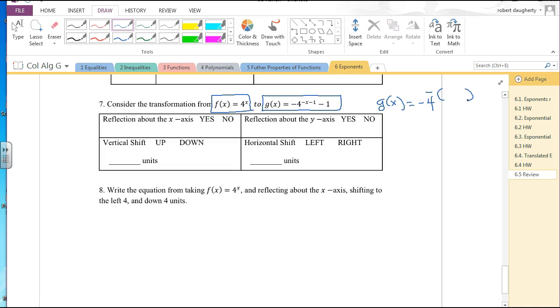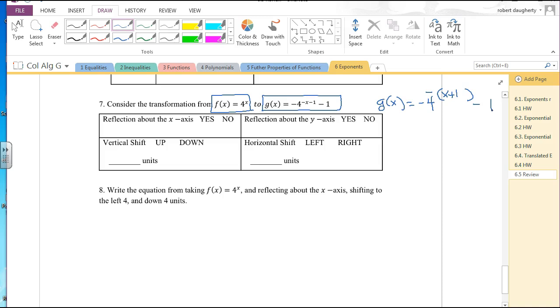That's the negative of x plus 1. So instead of negative 4 to the negative x minus 1, I want to write it where my exponent is in parentheses, and I factored out a negative 1. Now I'm able to read this graph like you know how to read functions and transformations and tell what happened.